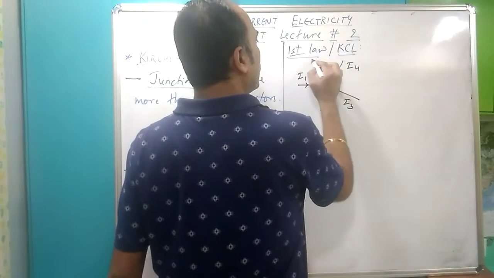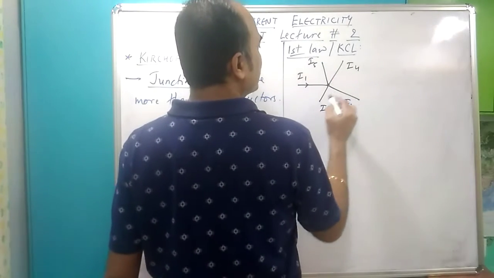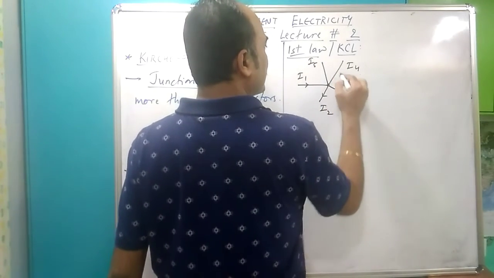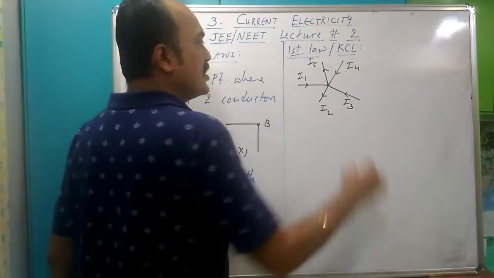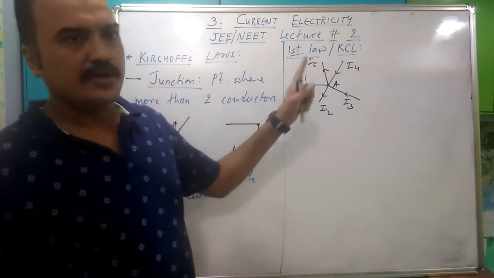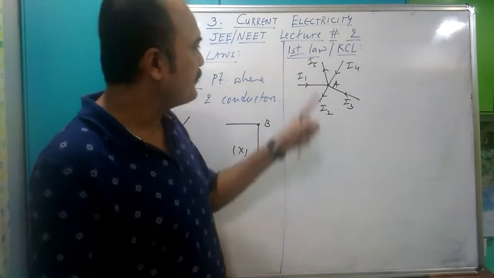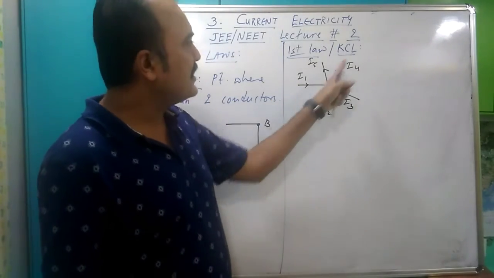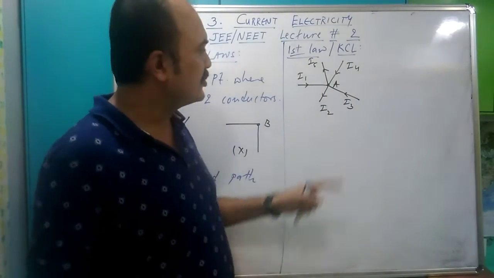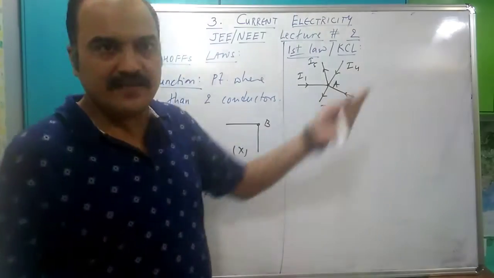I'll show you the directions of these currents. I2 is going, I3 is coming, I4 is coming, and I5 is going. So at this junction A, you have 5 conductors bringing 5 currents, I1, I2, I3, I4, and I5. I1 and I3 and I4 are entering the junction, whereas I2 and I5 are leaving the junction.